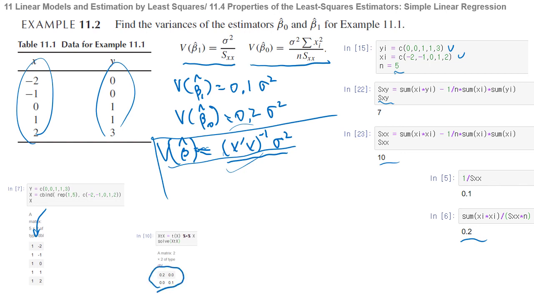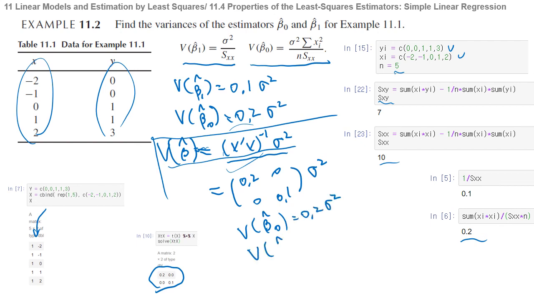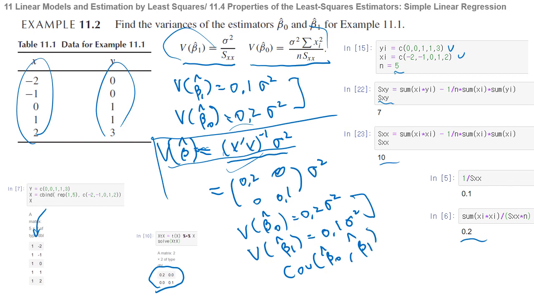What you get is the matrix with 0.2, 0, 0, 0.1 times sigma square. From this result, you can check that the variance of beta 0 hat is 0.2 sigma square, and the variance of beta 1 hat is 0.1 sigma square, which is the same as the one we derived using the formula. And you can also check that the covariance of beta 0 hat and beta 1 hat is 0.